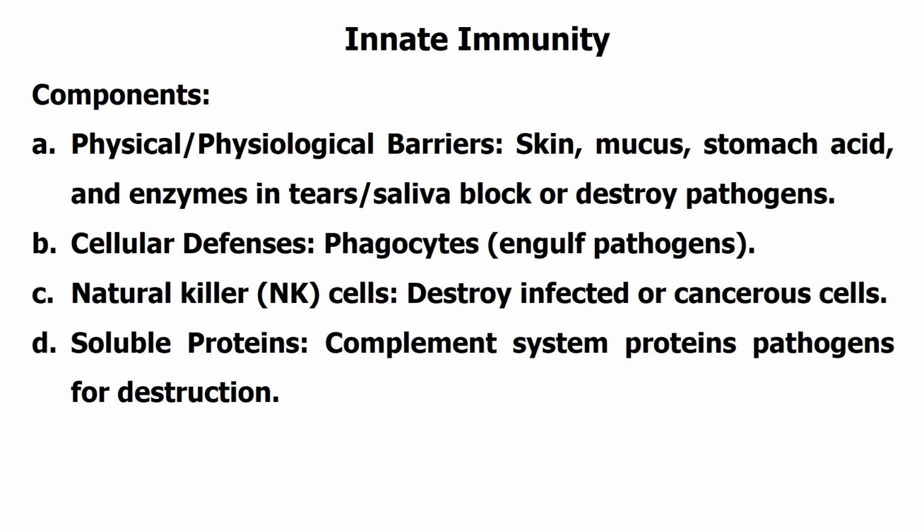We may like to know the components of innate immunity. These are all the manner of physical barriers we can think of, such as the skin, mucus, stomach acid, enzymes, as we have in tears, saliva, that block or destroy pathogens.